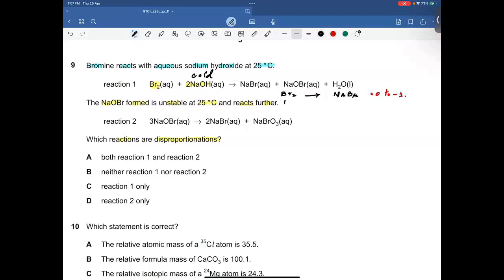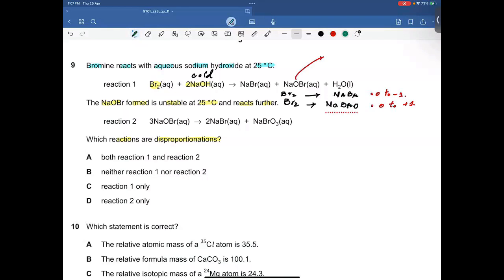Whereas in the same reaction, bromine is converting into NaBrO or NaOBr. It doesn't make any difference, by the way. So in this scenario, bromine changes its oxidation state from 0 to +1. And I hope you understand how to calculate the oxidation state of bromine in NaOBr.